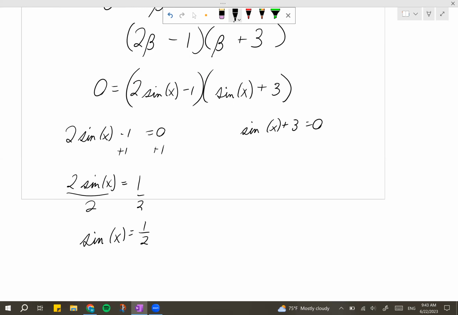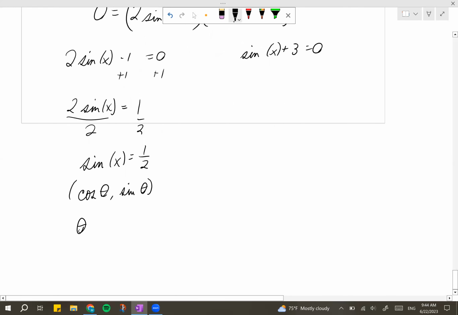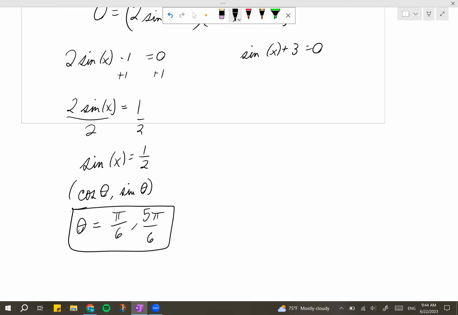And if I look at the unit circle, where the coordinates they give me are cosine theta, sine theta, and I look for where my sine theta is equal to 1/2, I'm going to see that the theta it corresponds to is pi over 6 and 5 pi over 6. So these are my two thetas for this one.